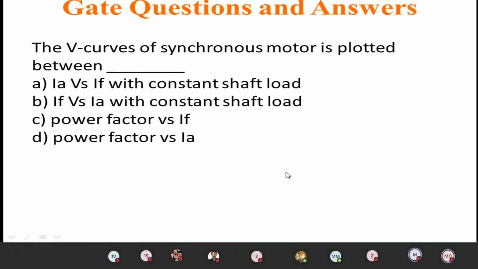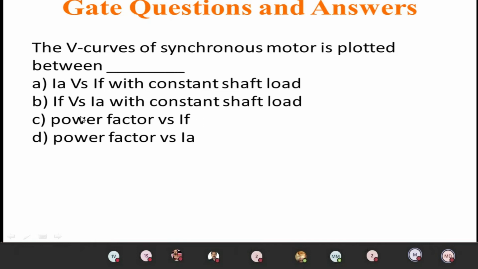At the critical excitation, it reaches cos phi 1. While we continuously increase the field current, it moves to the leading power factor. The value starts from 0.9, 0.8, 0.7, 0.6, 0.5, 0.4, 0.3, 0.2 and 0.1, so the current starts to increase once again. So the current decreases and then increases. That is the V shape.